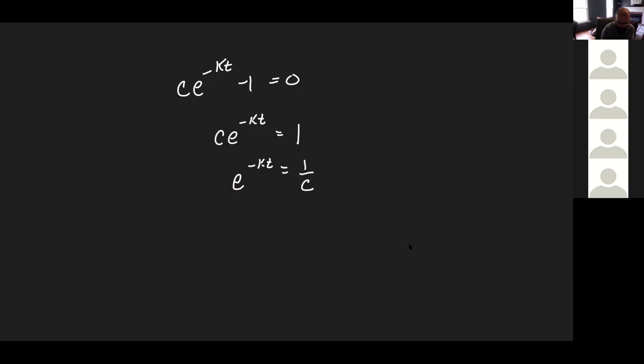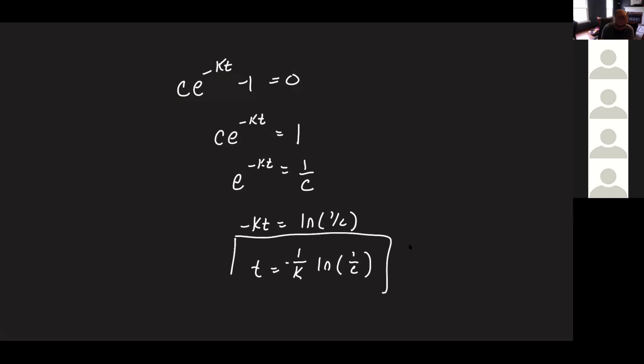So then we can take the natural log of both sides. You get minus kt is equal to the natural log of 1 over c. And so t is negative 1 over k, natural log of 1 over c. Right, so this is going to be our inflection point.